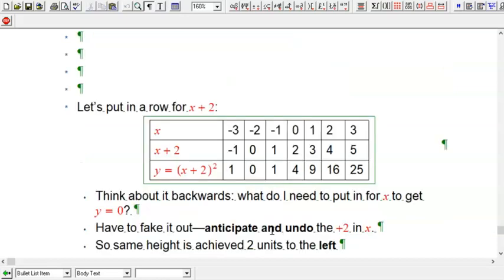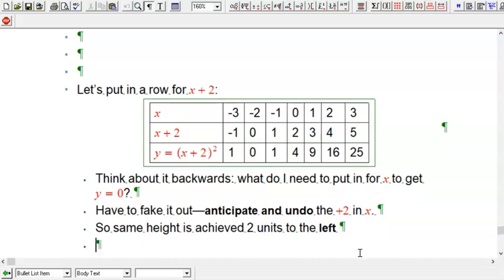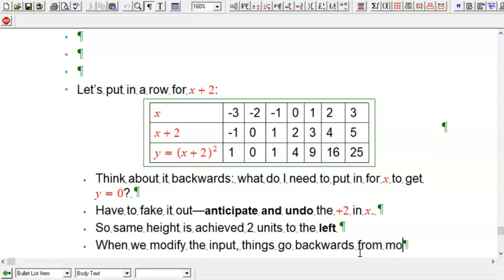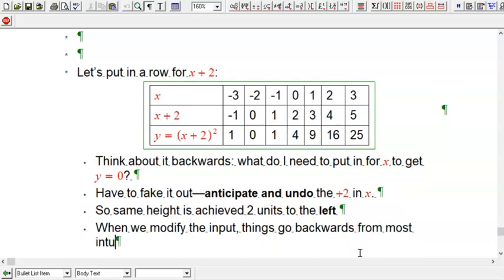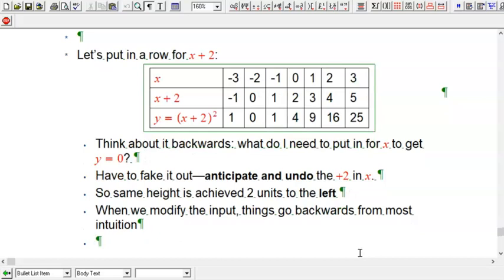So the fact is that when we modify the input, things admittedly go backwards from most intuition, but we can figure it out. Think of it as needing to, again, anticipate and undo.